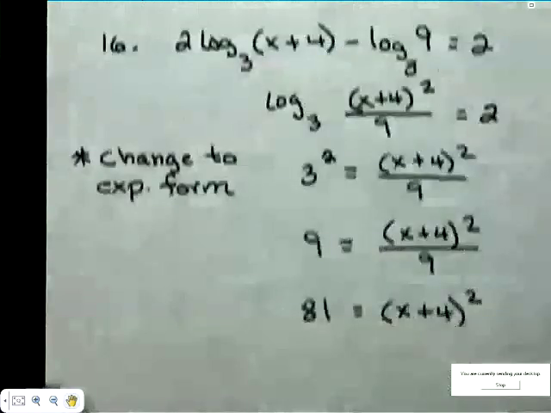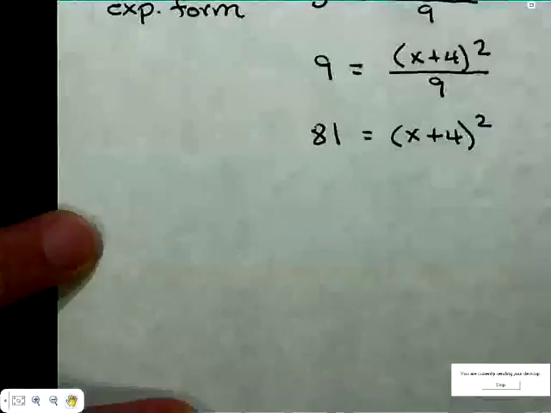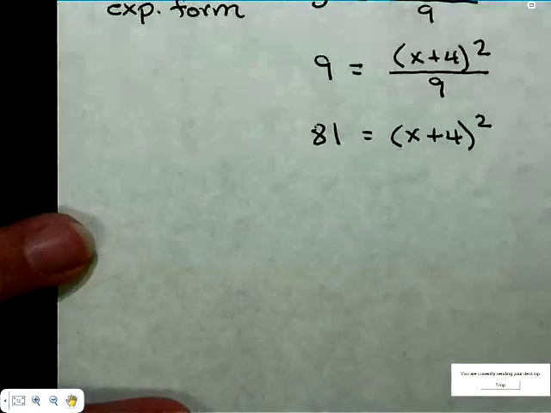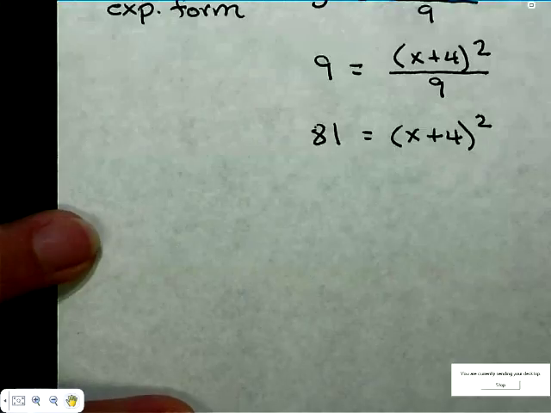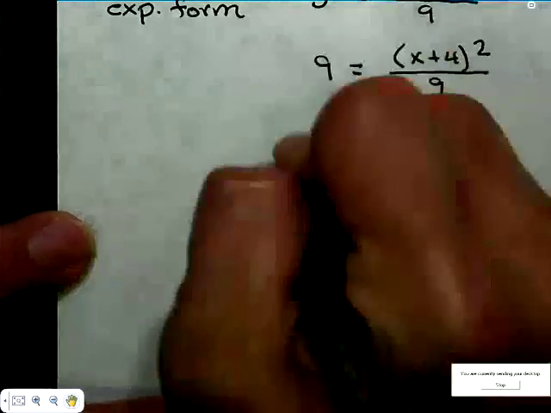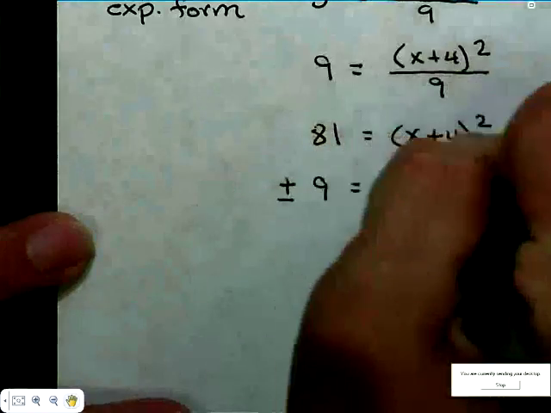And then what? All right, and as soon as you said take the square root, bells and whistles went off to remind me what? Plus or minus. Plus or minus 9 equals x plus 4.